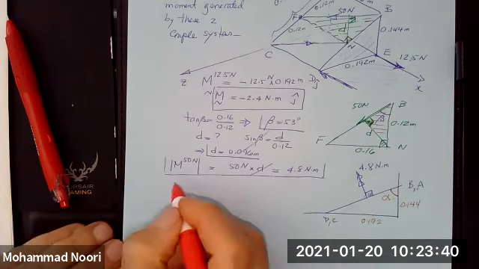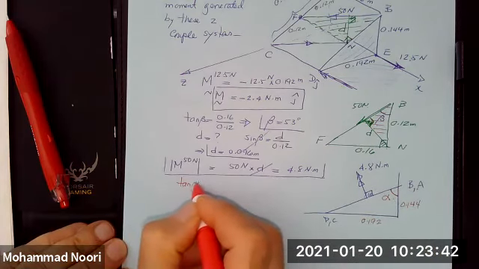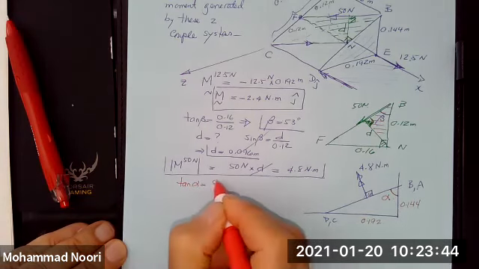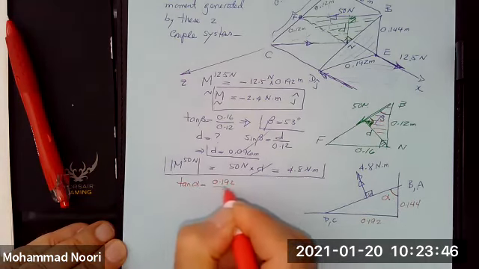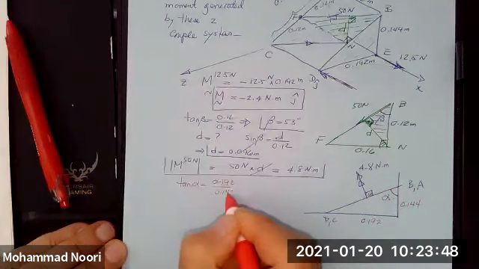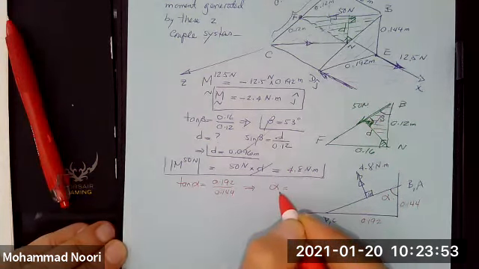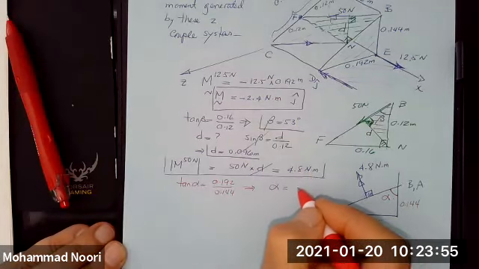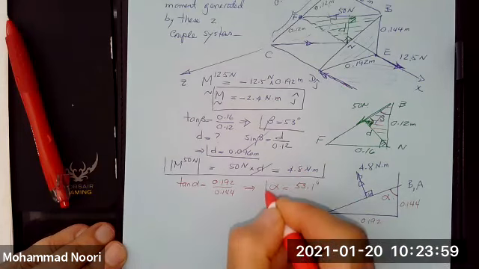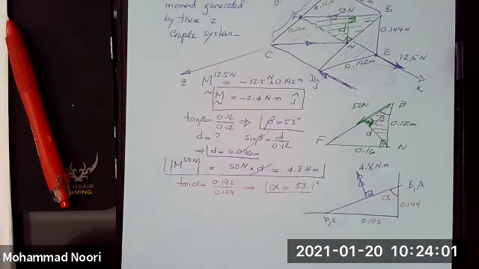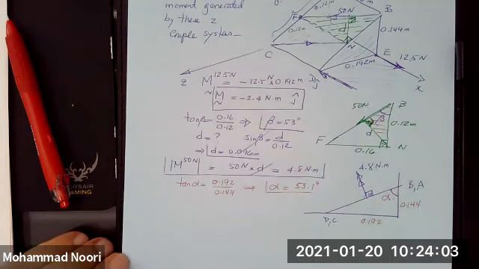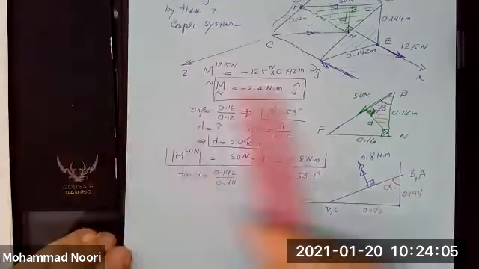So tangent of alpha would be 0.192 over 0.144. And it happens by accident that alpha comes out to be almost the same, 53.1 degrees. But why do I need alpha?